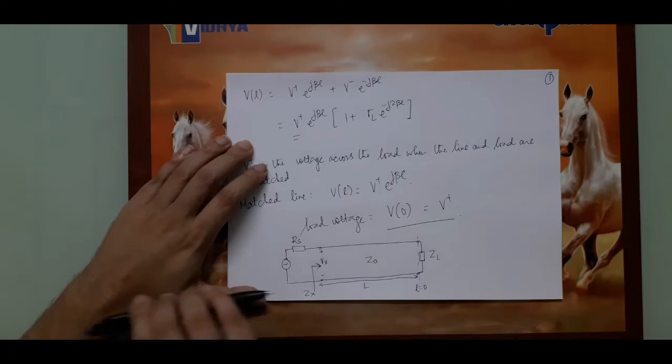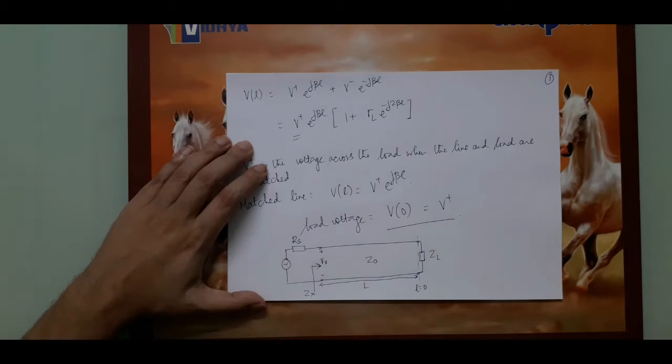So let's suppose a wave starts traveling. A wave starts traveling along the source, enters the line, strikes the load and comes back, and this process goes on and on.